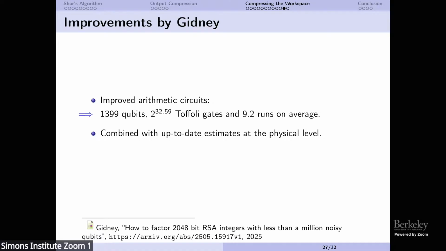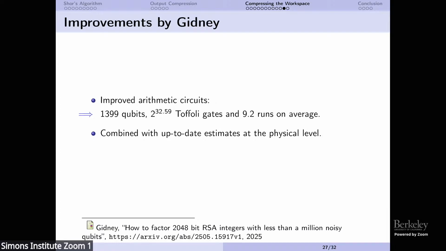Basically, the reduction in arithmetic brings you to a circuit with 1400 qubits, and a much better count in Toffoli gates, and also a better count in the number of runs you need to make before you expect to succeed in the Ekerå-Håstad algorithm. All of this, combined with the physical estimates, brought Craig to this very impressive number of a million noisy physical qubits.